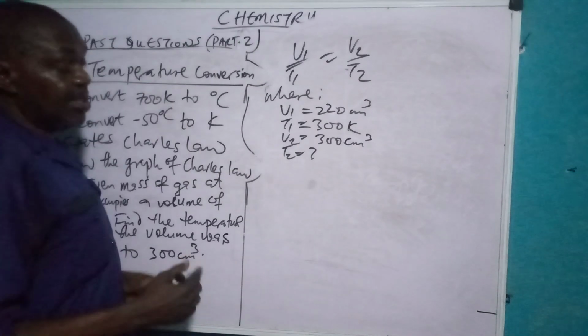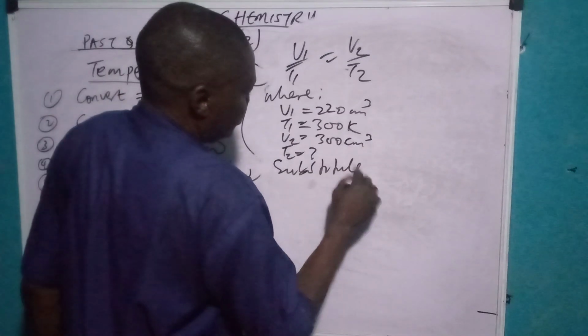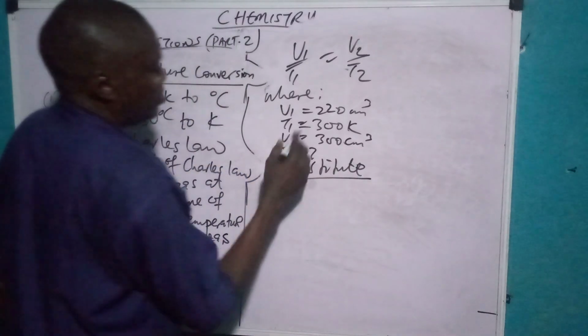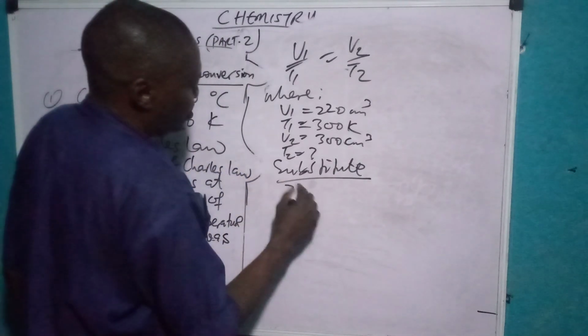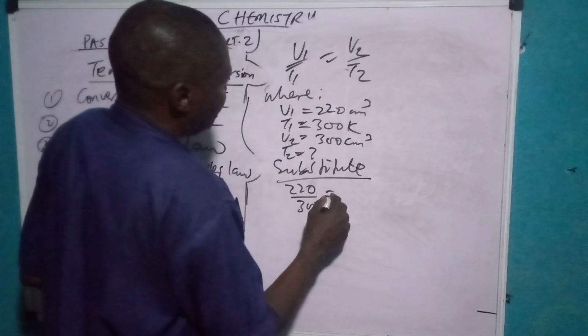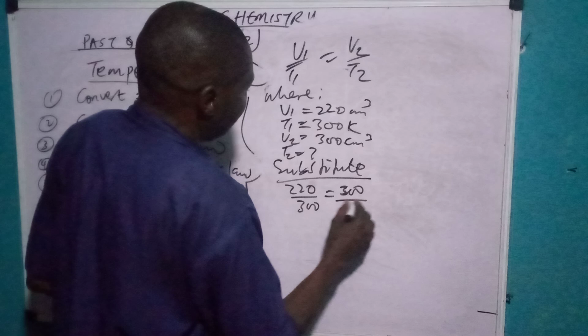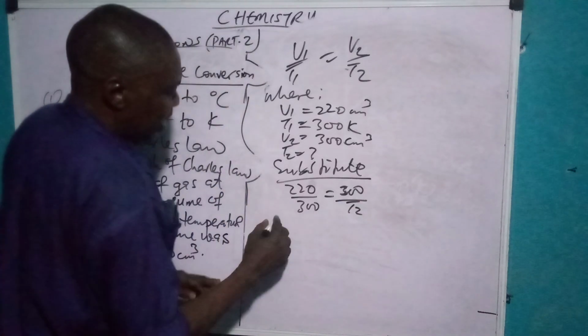So this is what we have. The next thing is to substitute: V1 is 220 over T1 which is 300, equals V2 which is 300 over T2. You cross multiply.